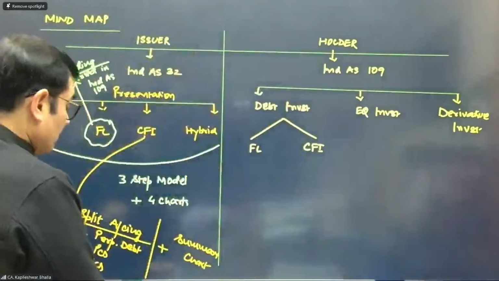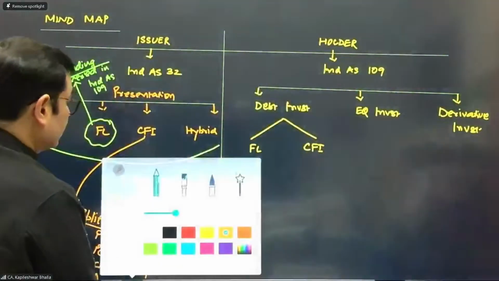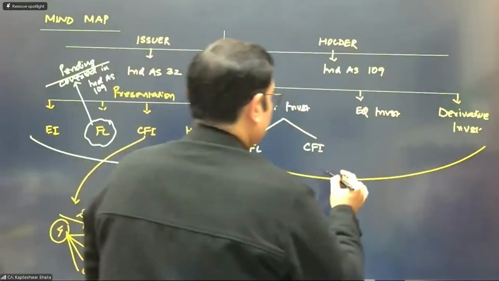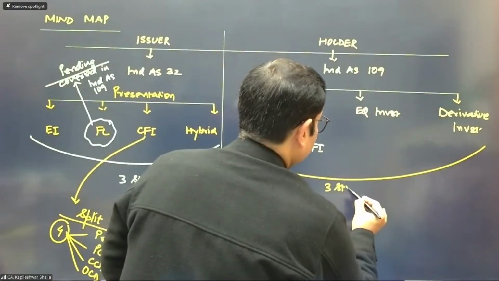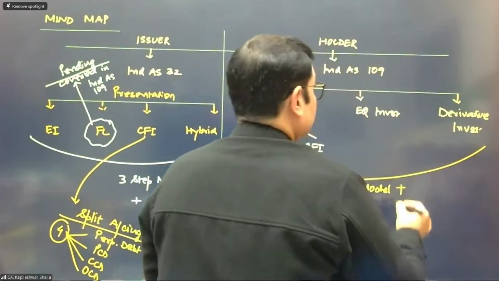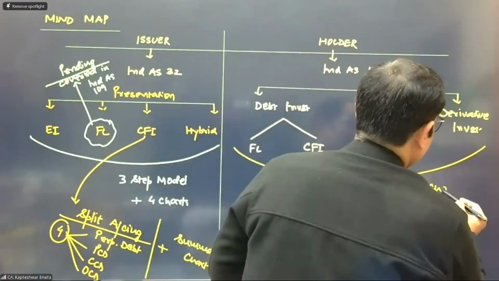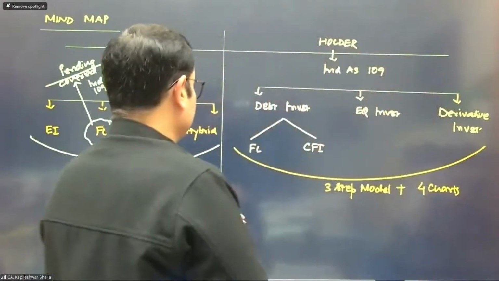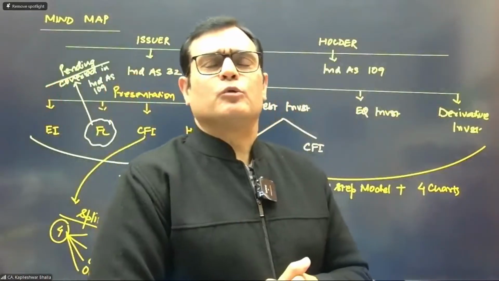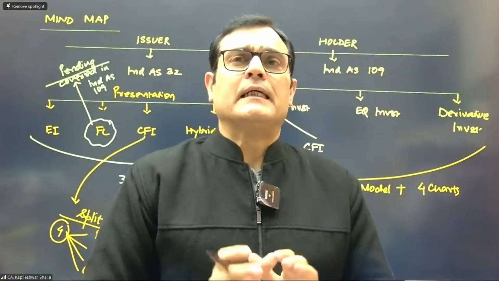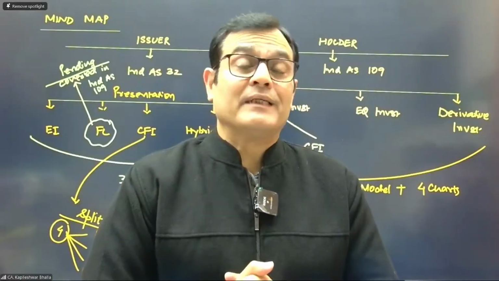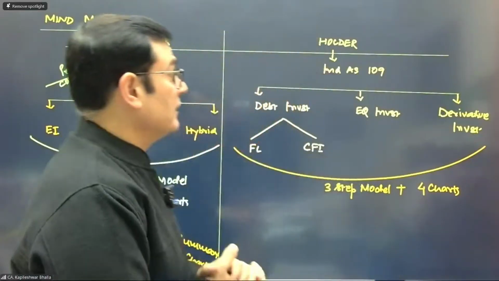So in order to decide the category, we again covered a 3-step model here, and I also gave you a total of 4 charts, giving you clarifications on the 3-step model. Of course, we did questions on each and every category. I would say we did a total of 5 cases with you when I did the accounting of the financial asset.